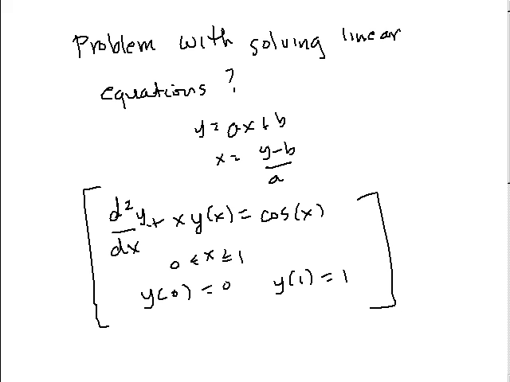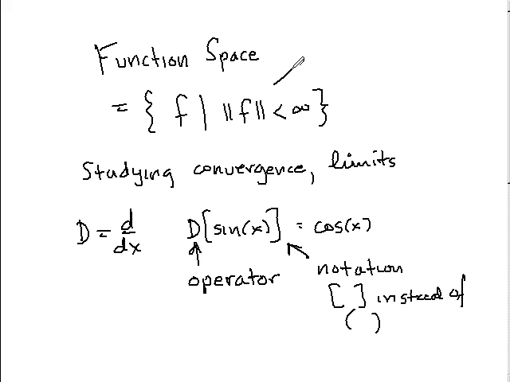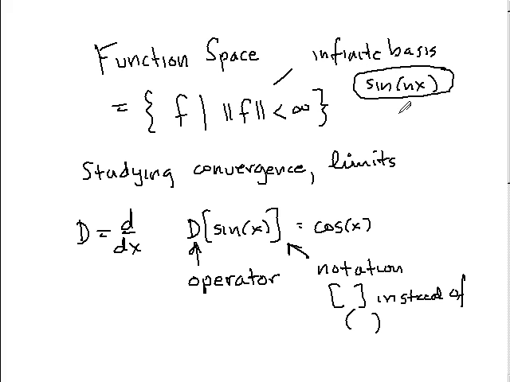And the problem is that if I were to look at the set of all functions with finite norm, this can have an infinite basis. So, for example, sine nx is in this space, certainly for the sup norm and L2 norms. But all of these are linearly independent.